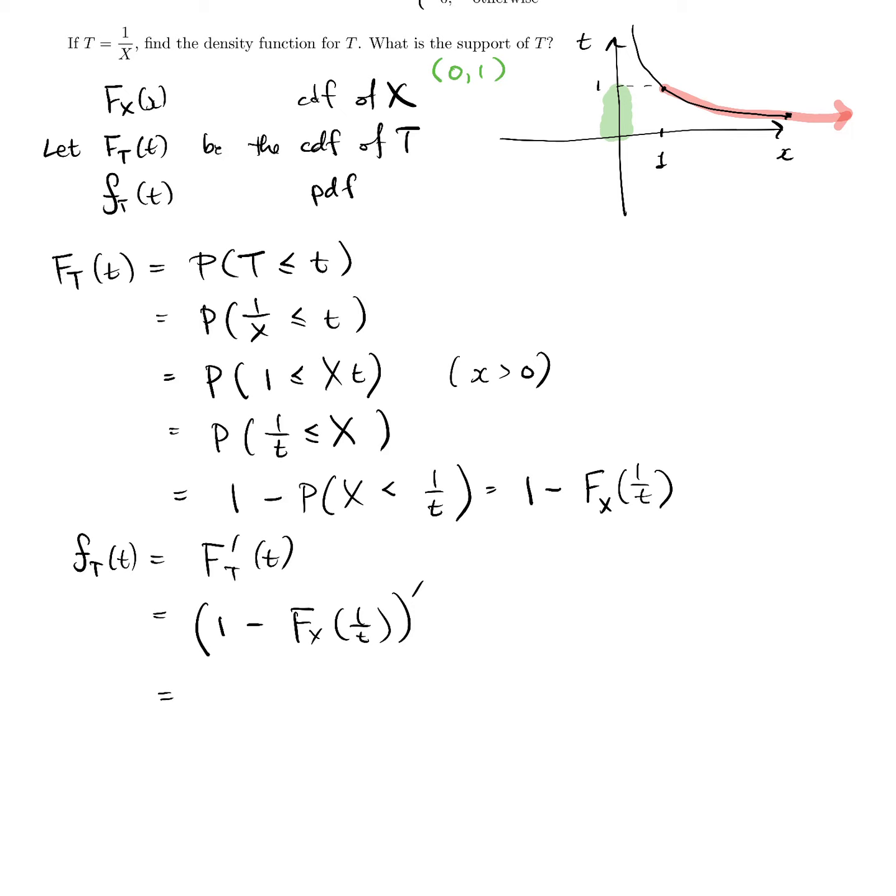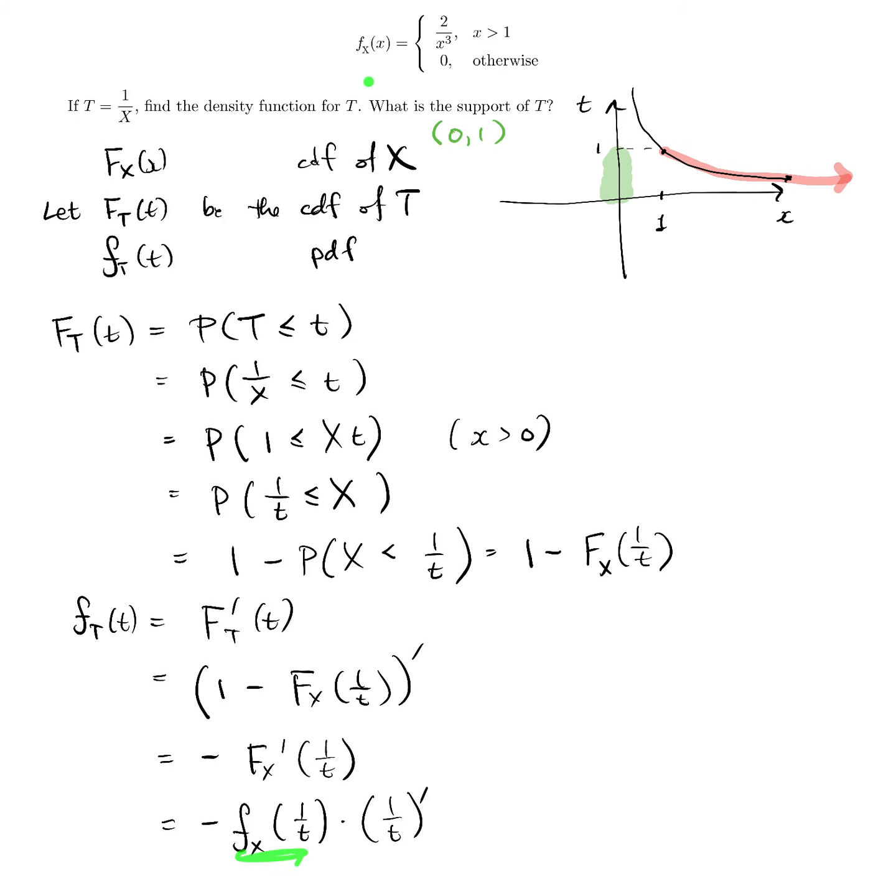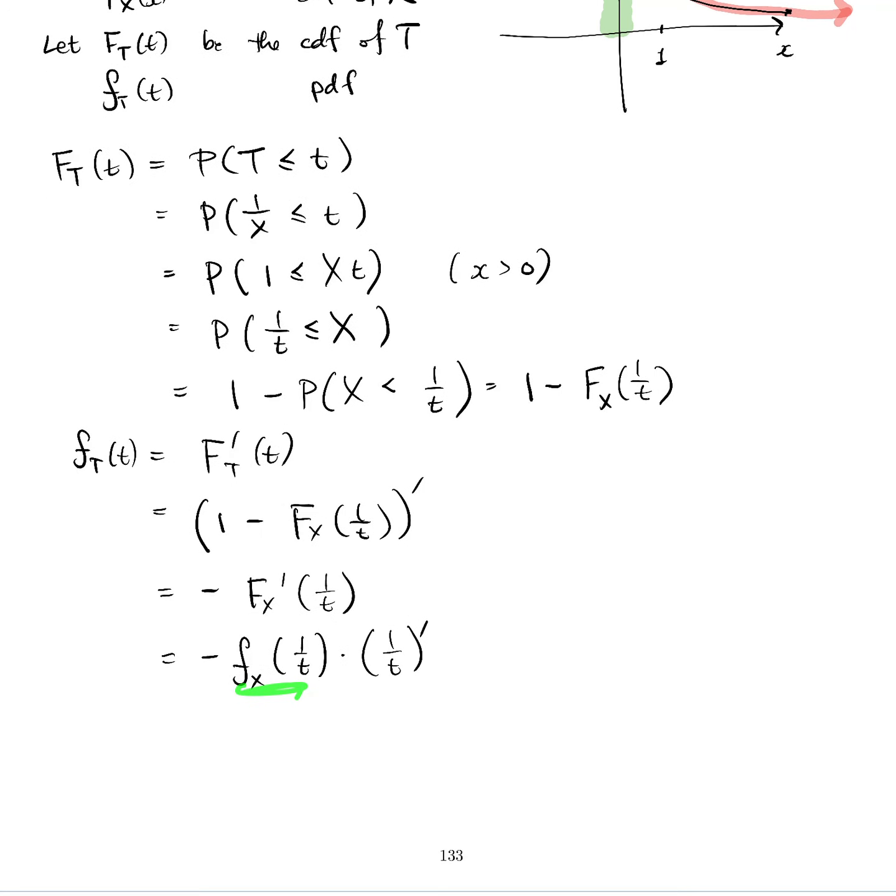We're going to have minus f sub x prime of 1 over t. Now this is good because this gives us the density of x. So minus f sub x, little x, not prime anymore, that is the derivative, of 1 over t, chain rule, times 1 over t prime. Now this rule we do have. That is the rule that is given to us at the top here, the density for x.